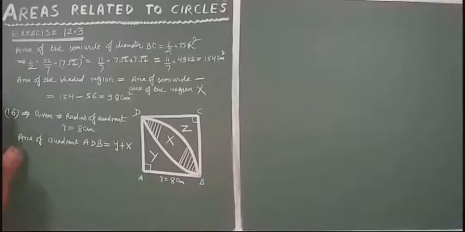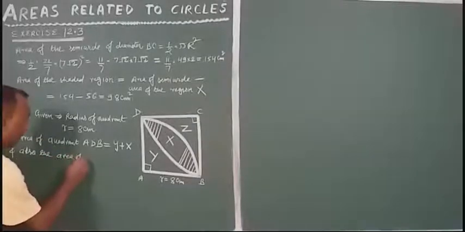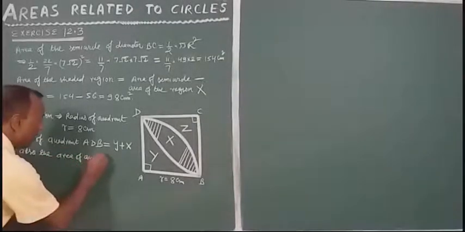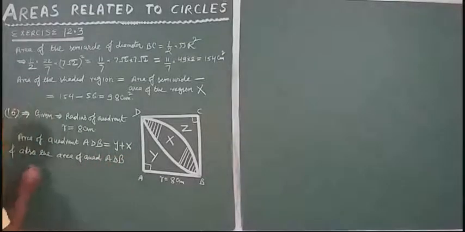And also the area of this quadrant ADB will be, area of quadrant is given by 90 upon 360 into pi. Pi is given in this question, there is no mentioning.